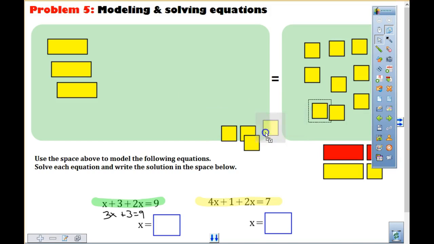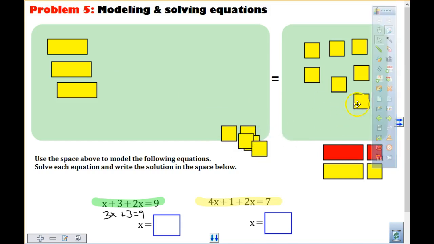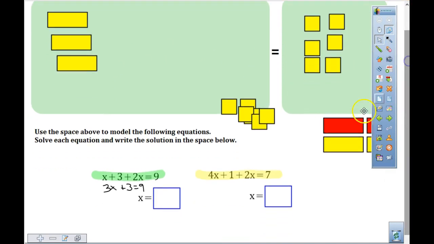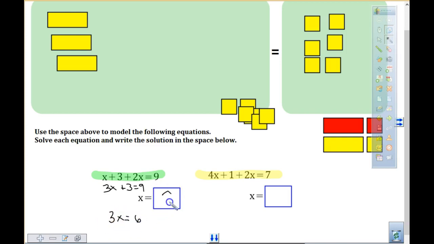I have to remove 3. Now, I just want you to take a look as I'm looking at this. Across from each x, I have how many 1s? 2. Which, if we were looking at our equation, don't you agree that this would have been when I removed 3, 3x equals 6, and you would have divided by 3 and said x is 2.